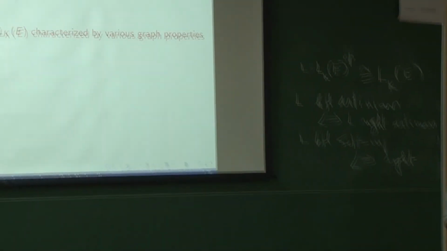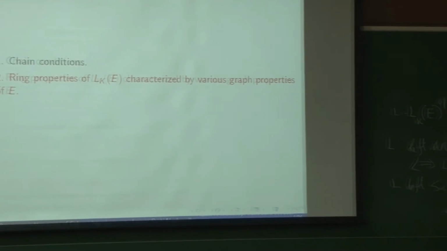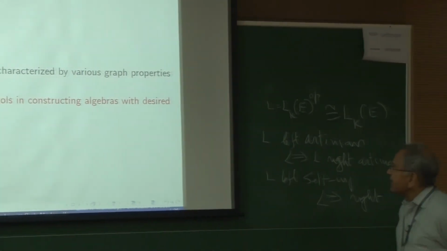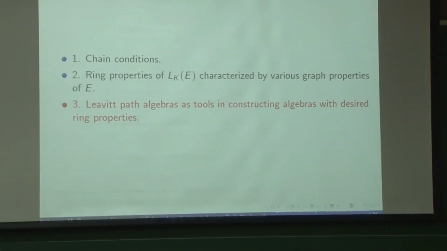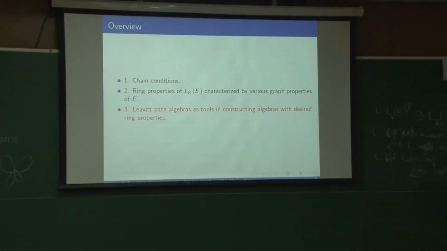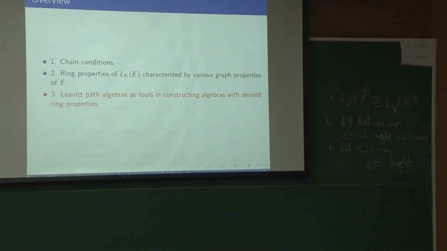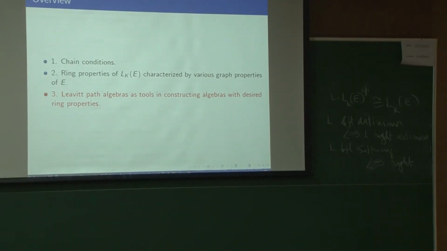Ring properties are characterized by various graph properties, and you get a sense of how Leavitt path algebras have the potential to become tools in constructing examples.